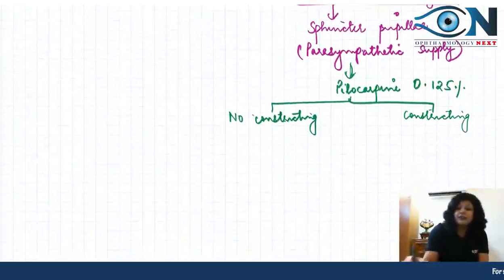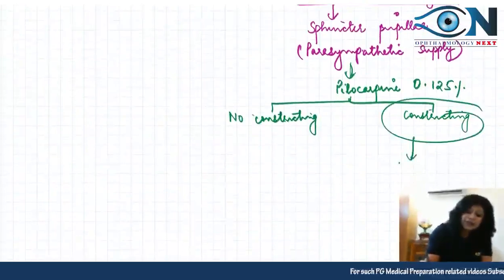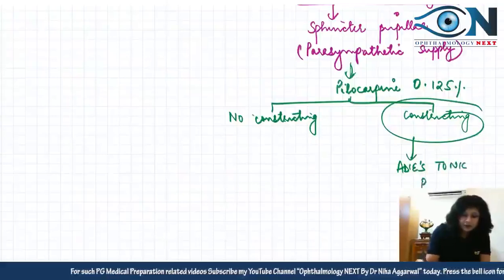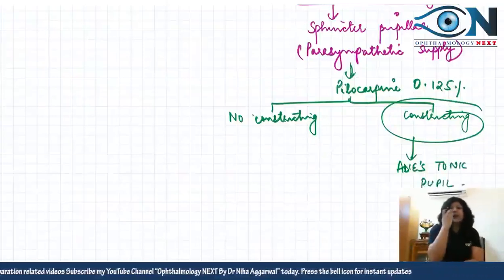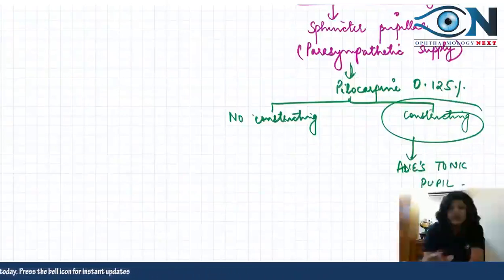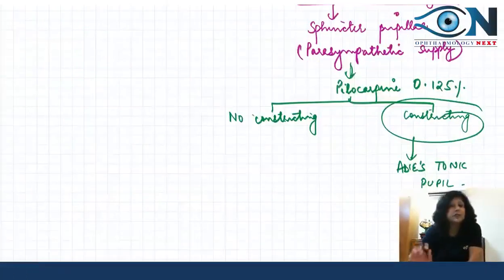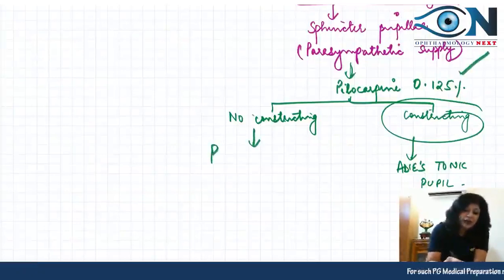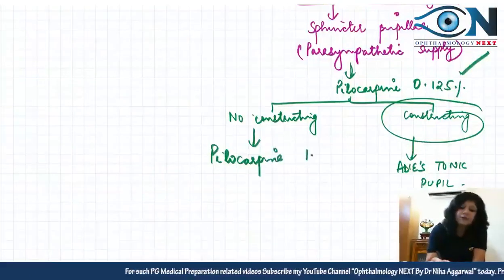If there is constriction, that means this is your Adie's tonic pupil, right? Now in our case, we are having the anisocoria that was increasing in dark, so we do not go with this Adie's tonic pupil. Now suppose it is not showing any constriction, then we will give more concentration. So now try with a larger concentration, give pilocarpine 1%.